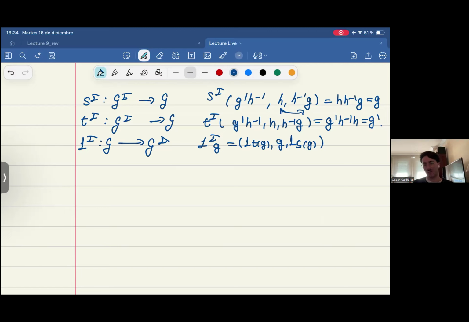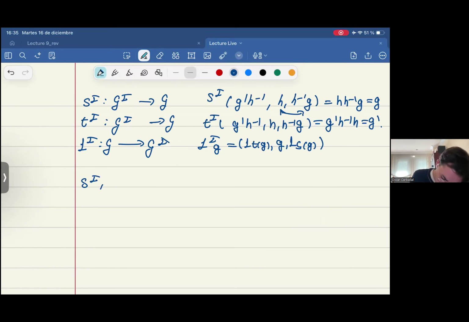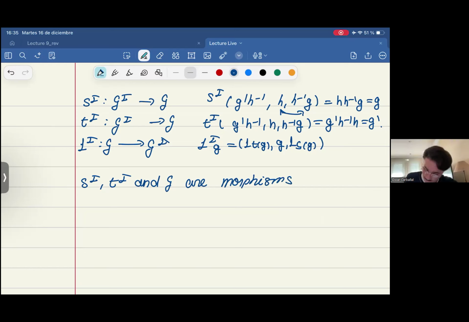You can check it, but for our purposes what is important is that the source map, the target map, and the unit map are morphisms of Lie groupoids. So this is important to define the homotopy pullback.